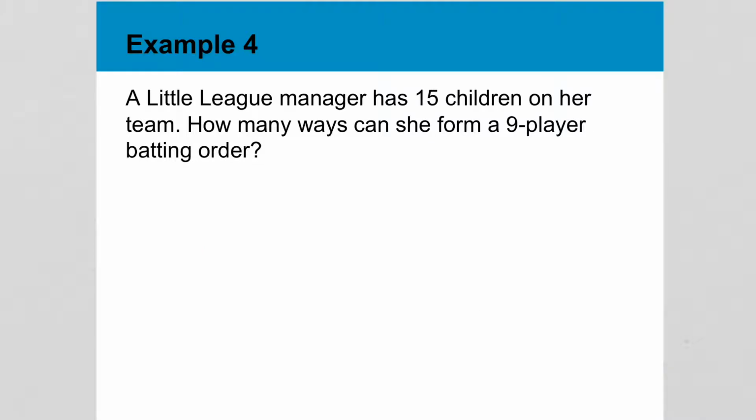A Little League manager has 15 children on her team. How many ways can she form a 9-player batting order? So 15 and 9. It'd be 15 factorial over 15 minus 9 factorial, or 15 factorial over 6 factorial.